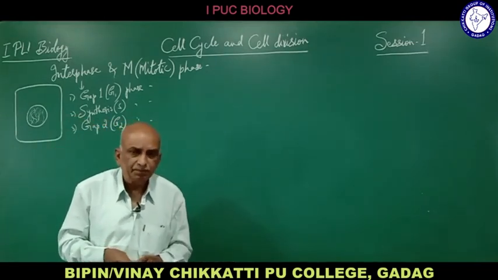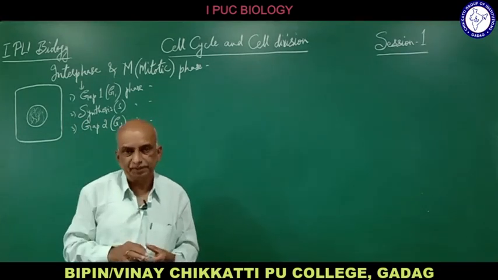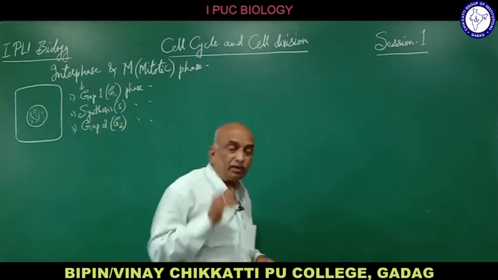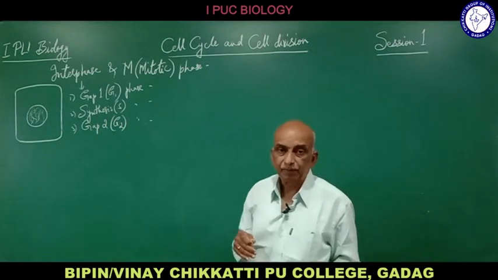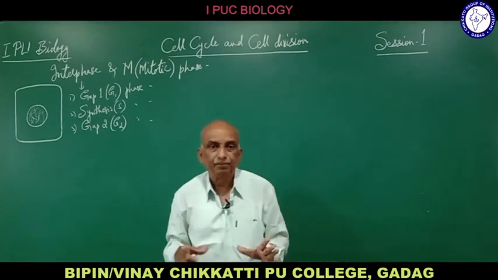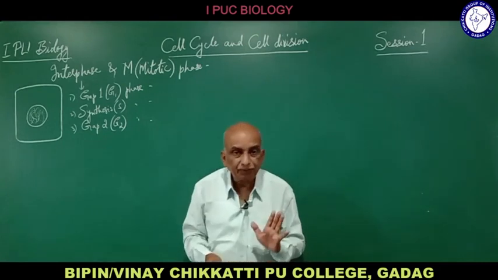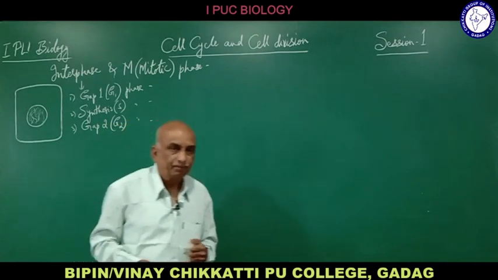Now in some cases the cell continues to divide after the G2 phase, but sometimes the division is not necessary at the present moment. The cell has prepared for division, but soon after preparation it may not start dividing.